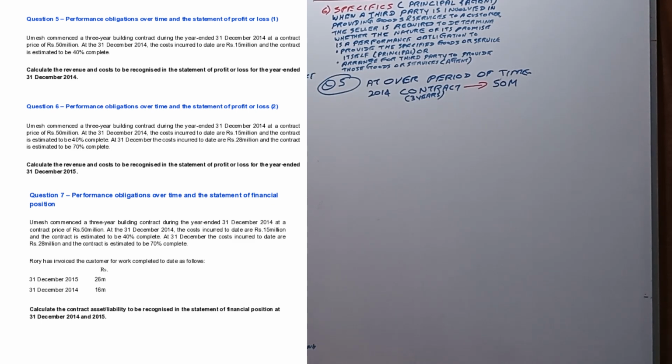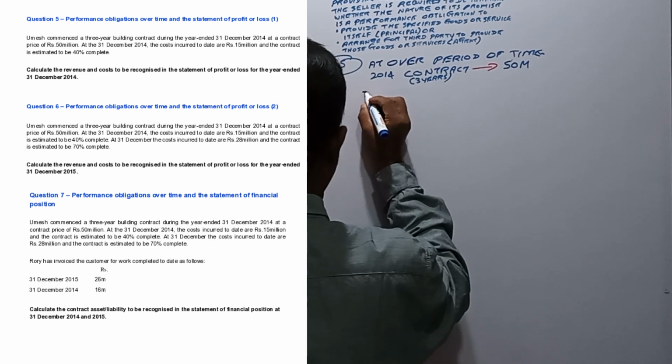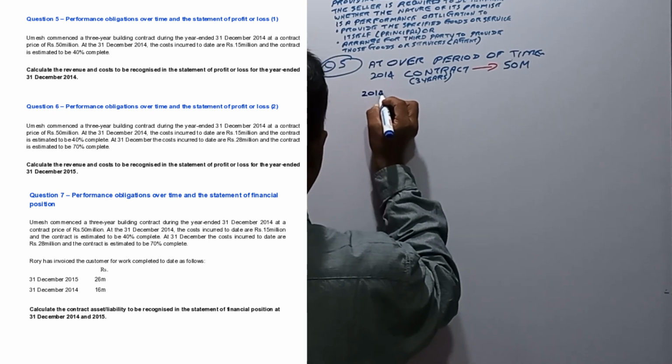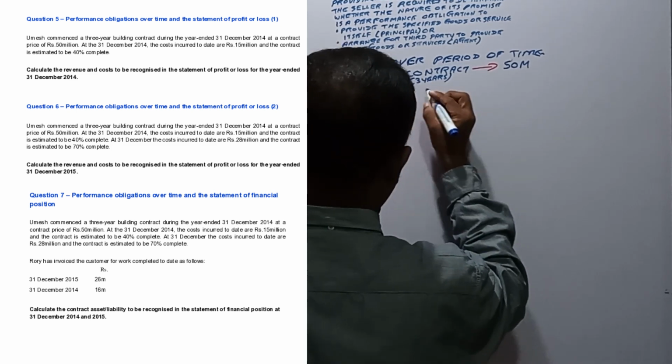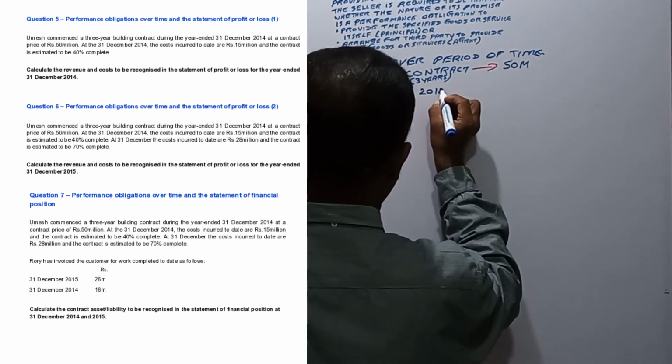Calculate the revenue and costs to be recognized in the statement of profit and loss for the year ended 2014.